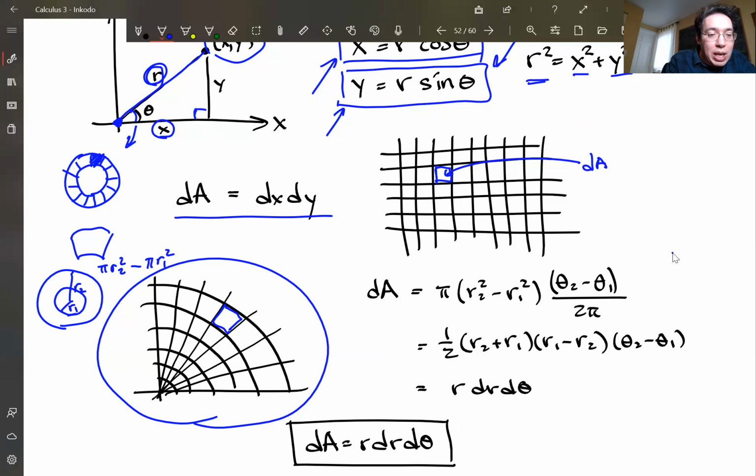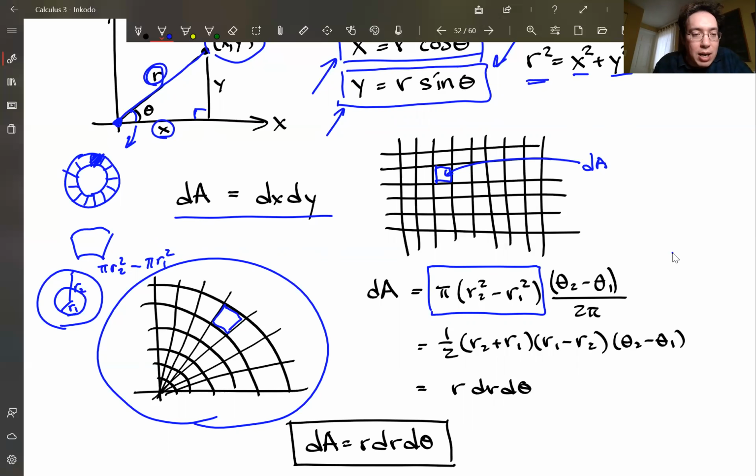So what we have so far is pi times r2 squared minus r1 squared. That gives the area of an annulus, a donut-shaped region, with r1 and r2 being close together.